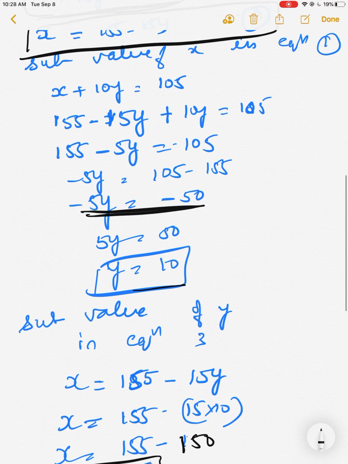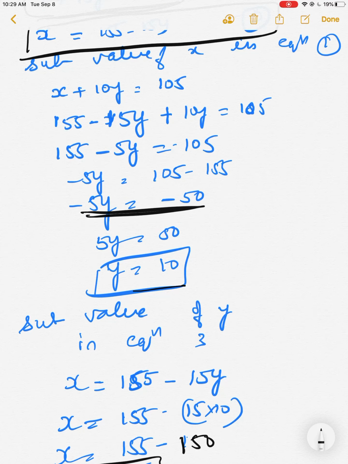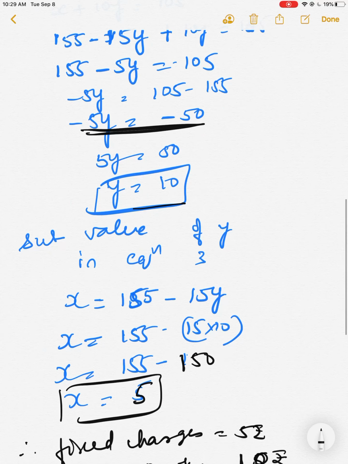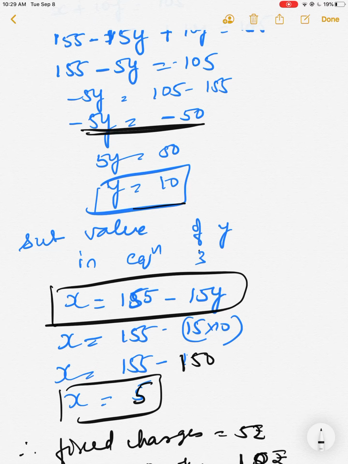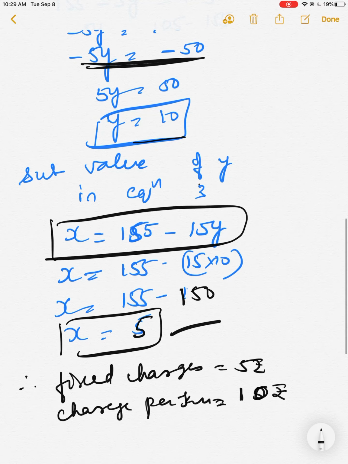Substituting the value of y in equation 3, that is x is equal to 155 minus 15y, we get x is equal to 5. The fixed charges we have taken as x, so 5 rupees, and the charge per kilometer is 10 rupees.